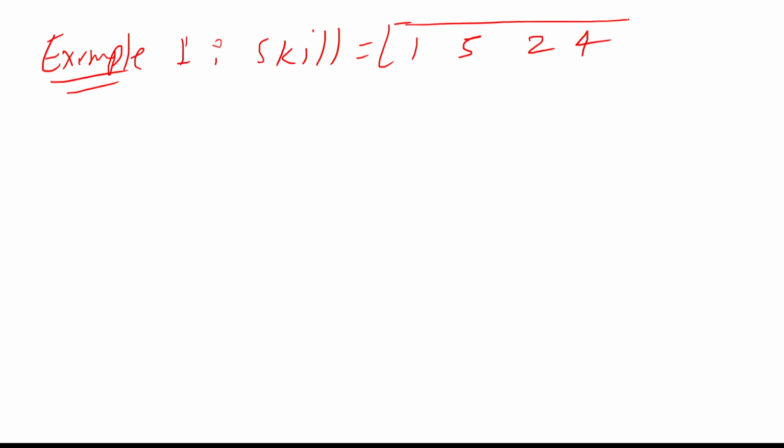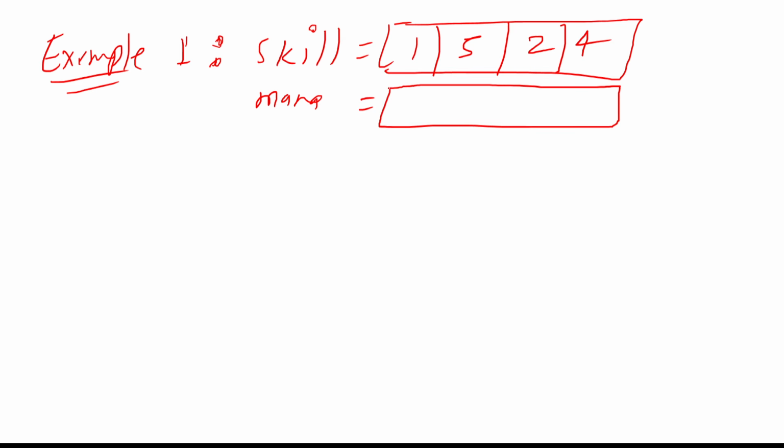And we have been given mana also, in an array, and mana is 5, 1, 4 and 2. So two things we have been given, skill and mana.